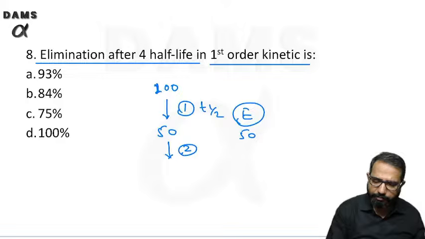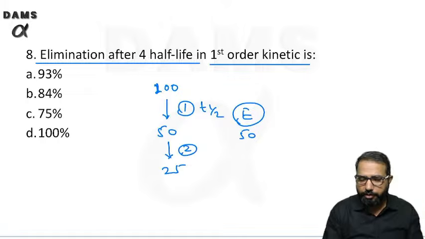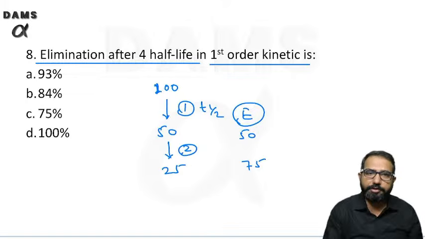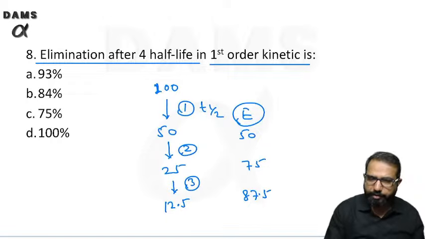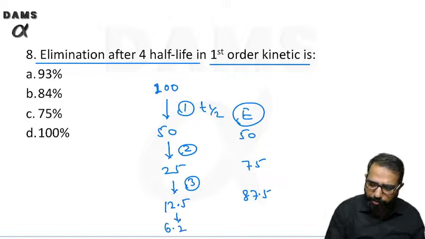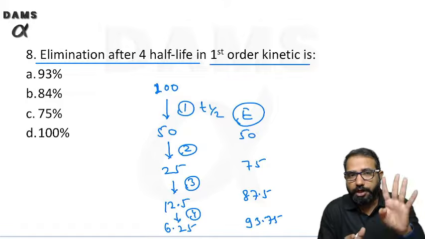After the second half-life, 25 in the plasma, because 50% of 50, but 75 eliminated. After 3 half-lives, 12.5 remains. So this is almost 87.5 eliminated. And in the fourth half-life, it will be 6.25 remaining and 93.75 eliminated. So you can see the elimination part after 4 half-lives.